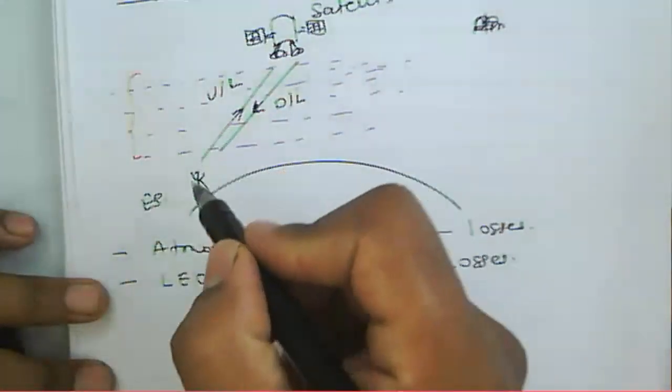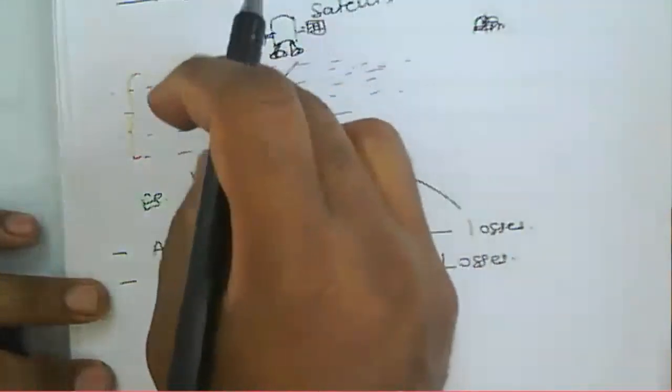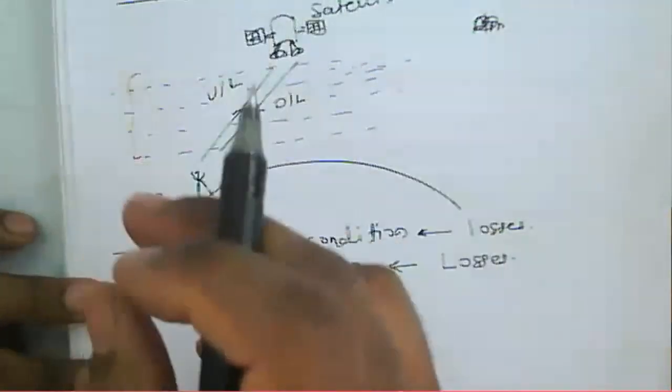So due to the atmosphere, when we transmit the signal from the Earth station to the satellite, atmospheric effects occur on the signal.